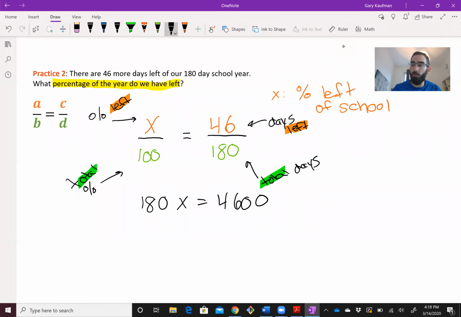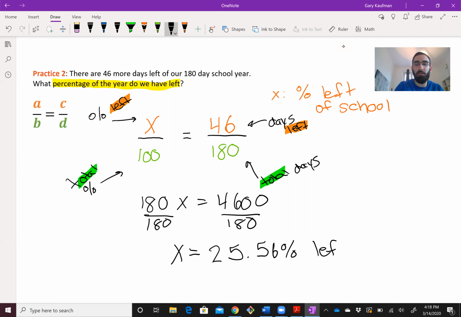We're going to do 4,600 divided by 180. And let's round to the hundredths, 25.56% left of school.